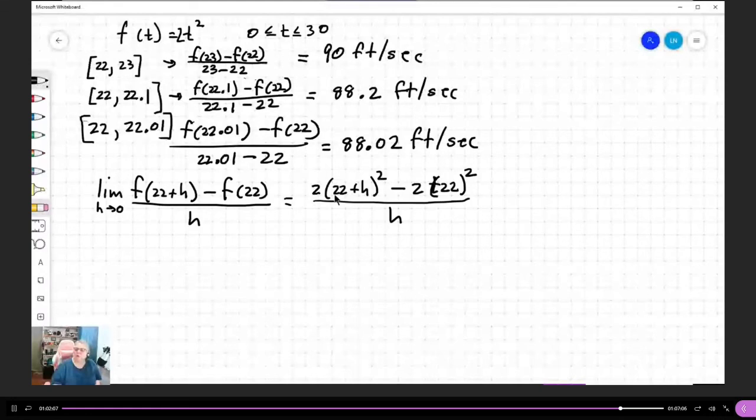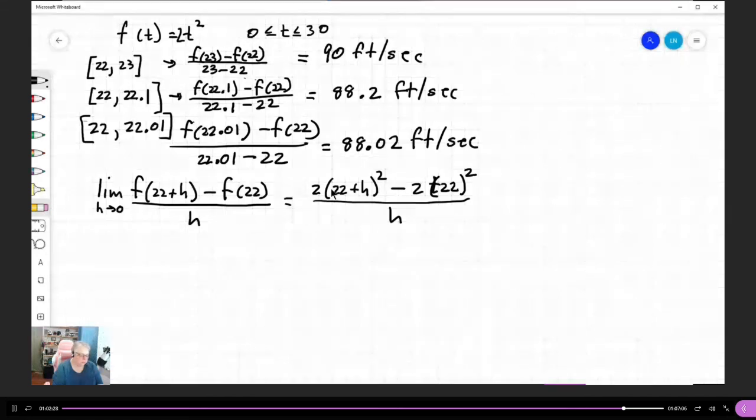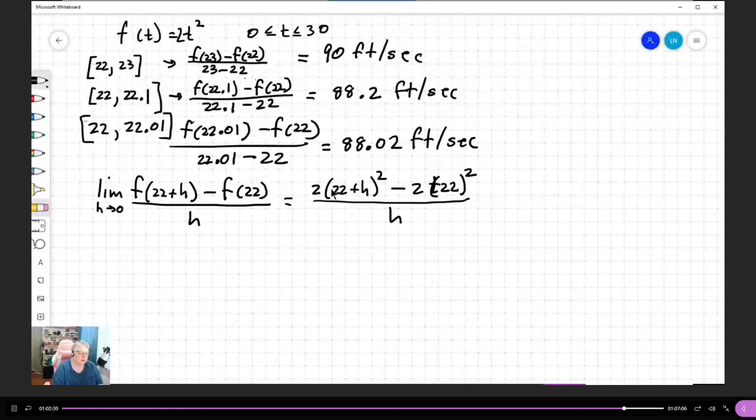Now when I multiply all of this out, I have to actually do it. What is 22 squared? 484.